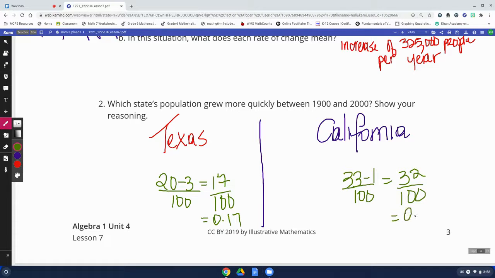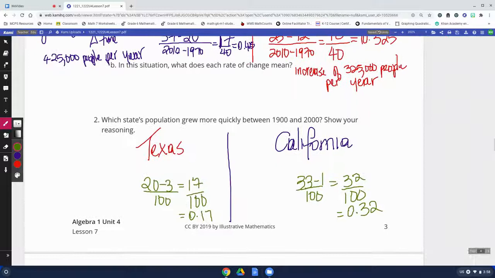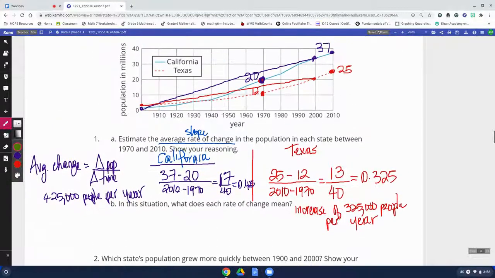So it's clear that California had the greatest rate of increase. But as I said, you could have surmised that by looking at the graph, seeing which one had a steeper slope, right? Because that would indicate the greater rate of change.